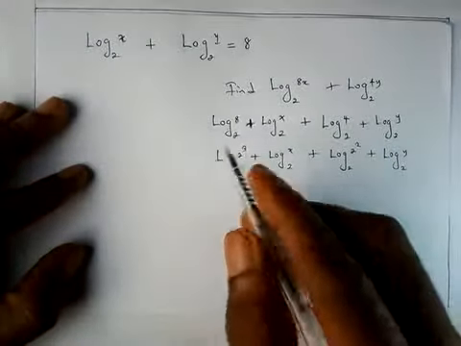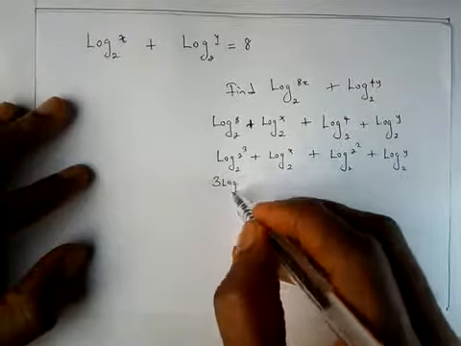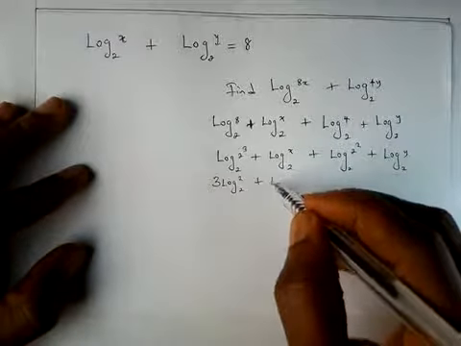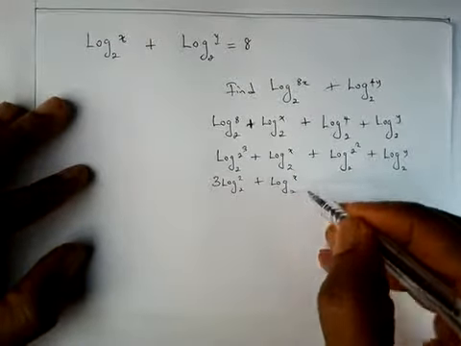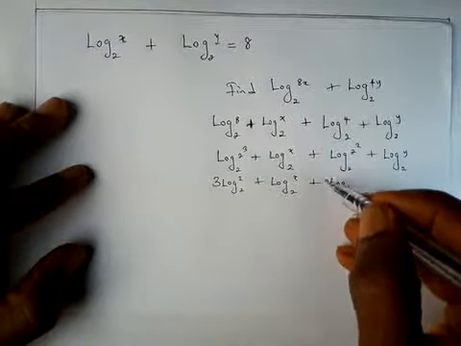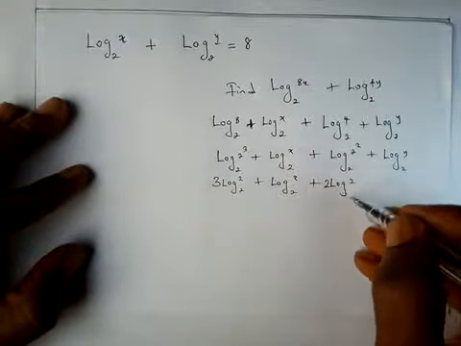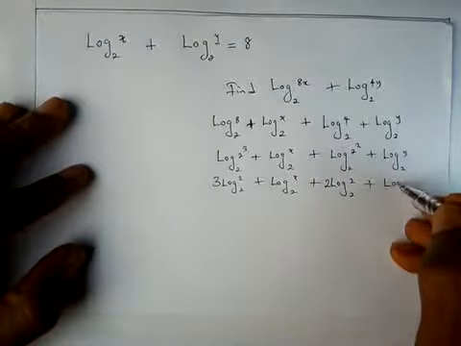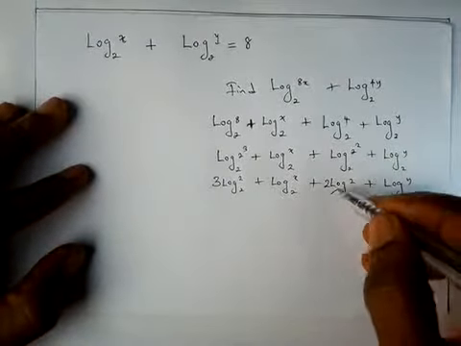Now this will come down to give you 3 log 2 to base 2 plus log s to base 2 plus, this will also come down here to give you 2 log 2 to base 2 plus log y to base 2.